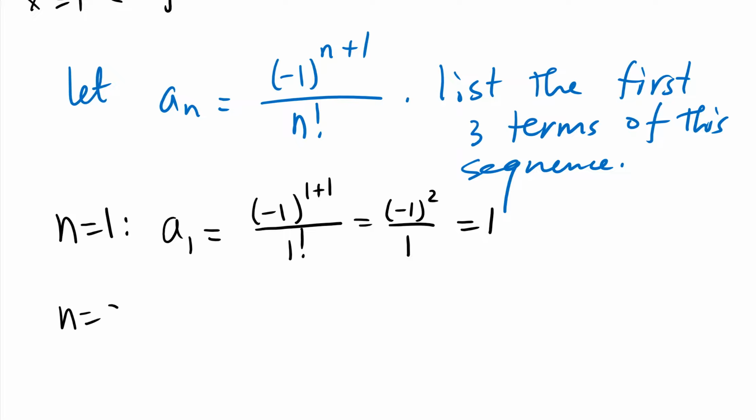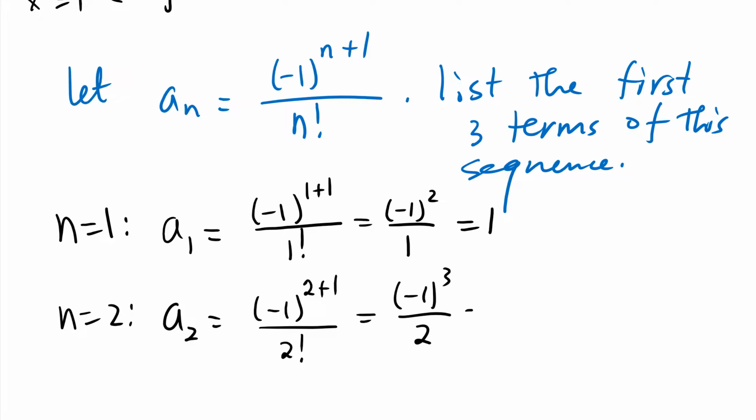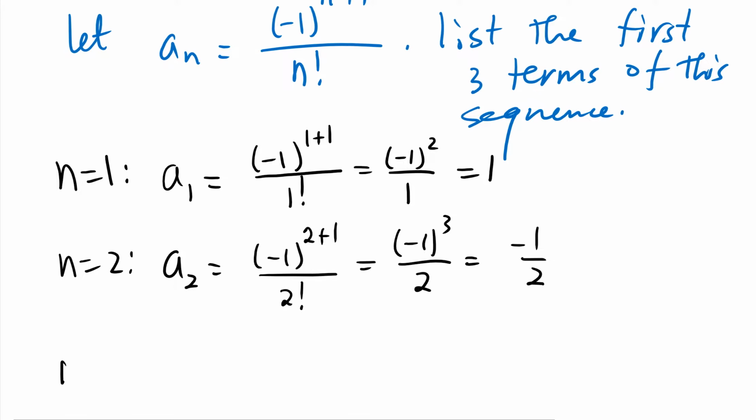n equals 2. a sub 2 is negative 1 to the 2 plus 1 over 2 factorial. Negative 1 to the third over 2. Negative 1 half. n equals 3. a sub 3 is negative 1 to the 3 plus 1 over 3 factorial.